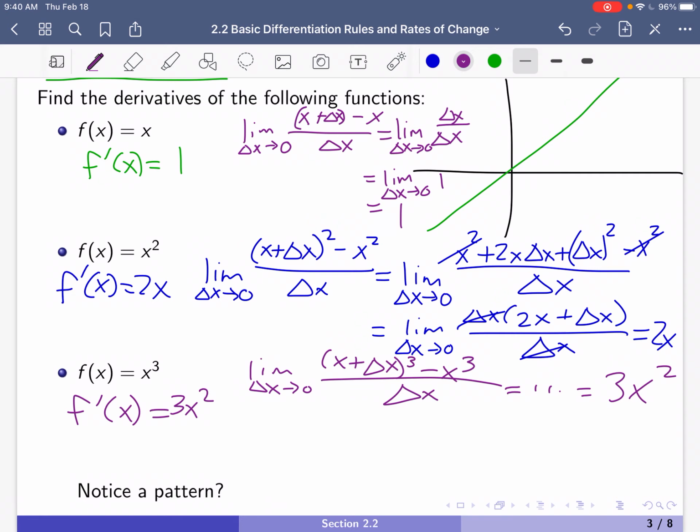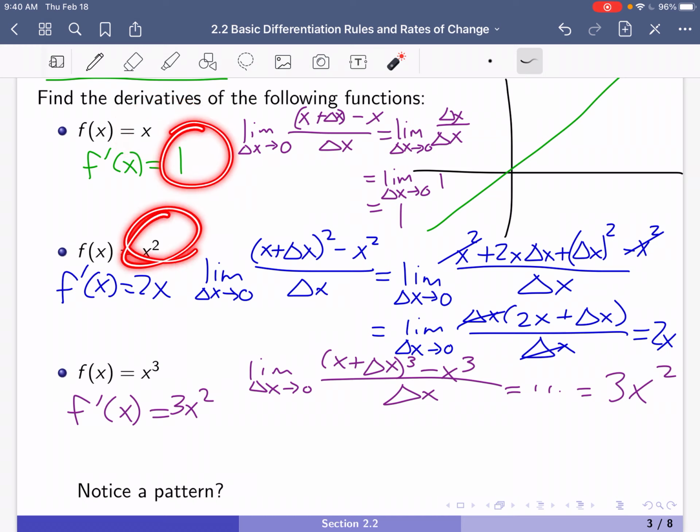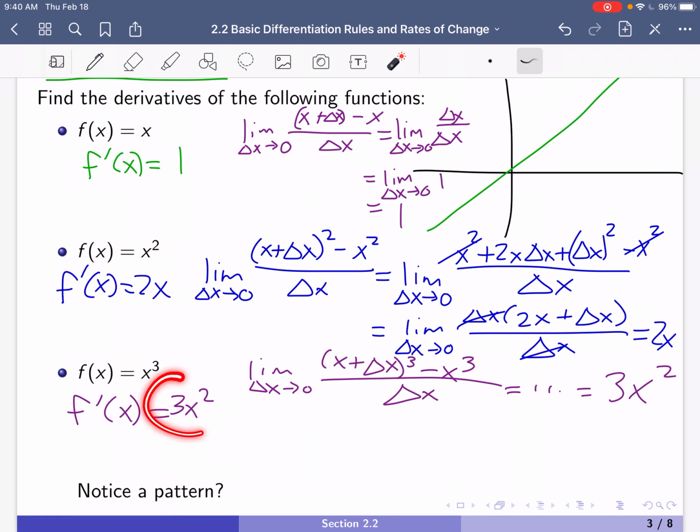So do we notice a pattern here, right? If we look at these derivatives, the derivative of x was just 1. The derivative of x squared is 2x. The derivative of x cubed is 3x squared. So you might say, oh, that power, it is showing up here.